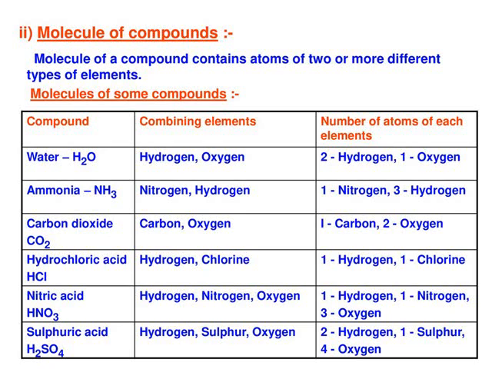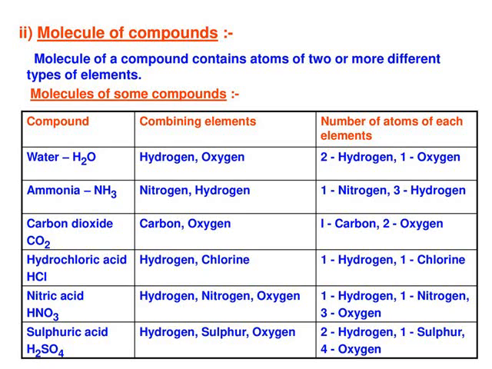Similarly, ammonia NH3, N for nitrogen, H for hydrogen; carbon dioxide CO2, C for carbon and O for oxygen; hydrochloric acid HCl, H for hydrogen and Cl for chlorine; nitric acid HNO3, H for hydrogen, N for nitrogen and O for oxygen; sulfuric acid H2SO4, hydrogen, sulfur and oxygen.